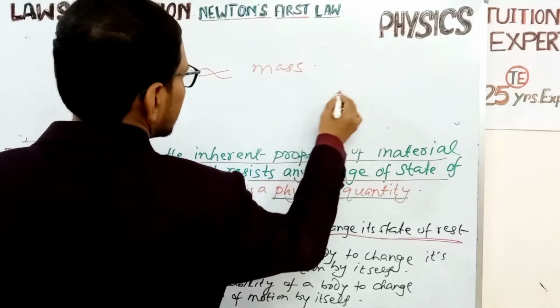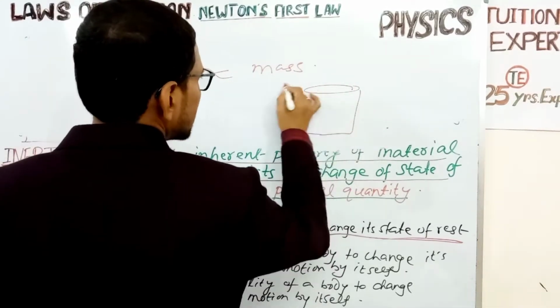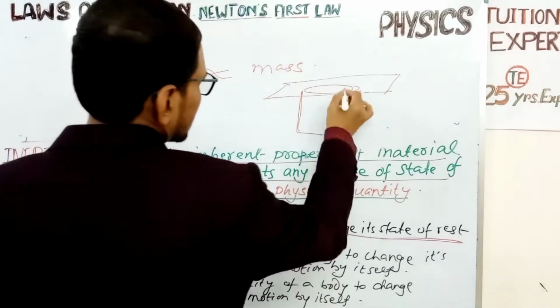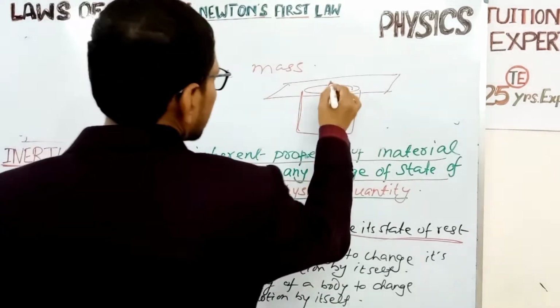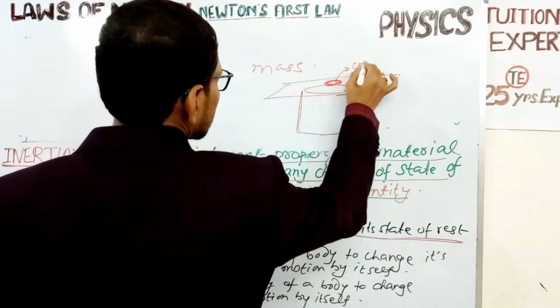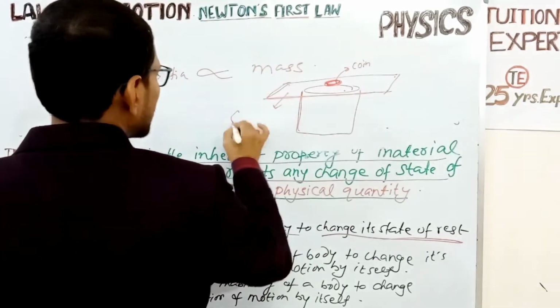Suppose a glass or cup is present, with a thick, very smooth paper on the cup, and a coin on the paper.